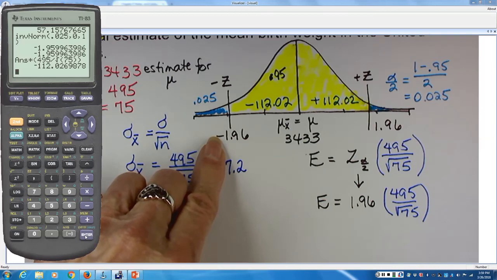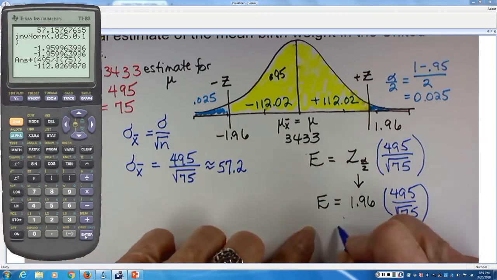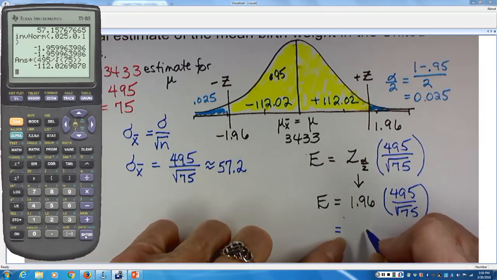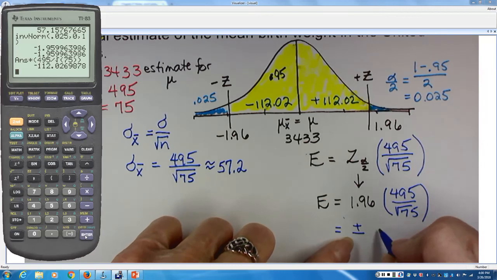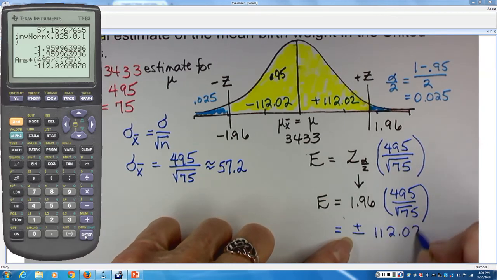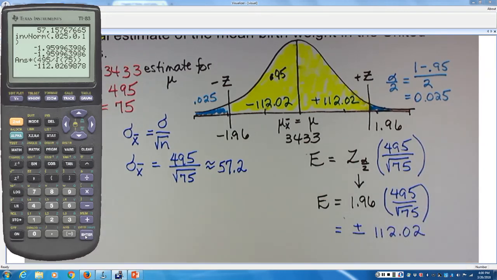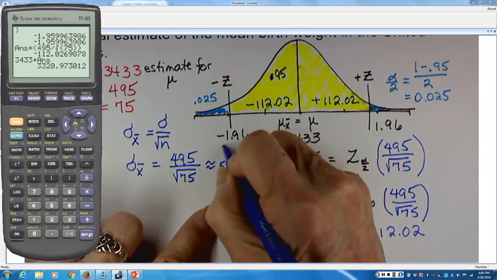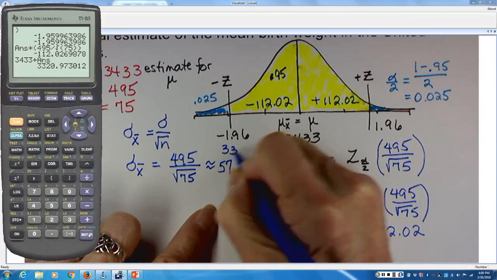So there's the amount of your error, about 112.02. And if I take the mean, I get 3320.97.